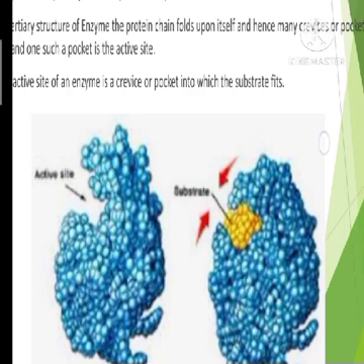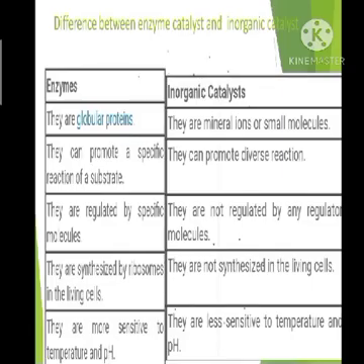Enzyme catalysts are produced inside the living cell, isn't it? There are various inorganic catalysts also. Now we can see a few differences between enzyme catalyst and inorganic catalyst. Enzyme catalysts are generally globular proteins, but inorganic catalysts are mineral ions or other small molecules.